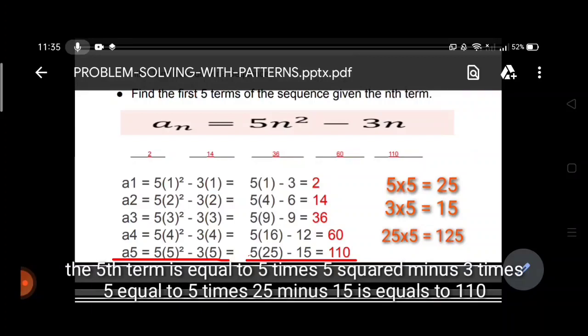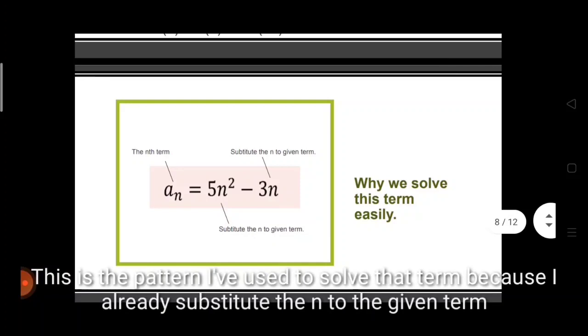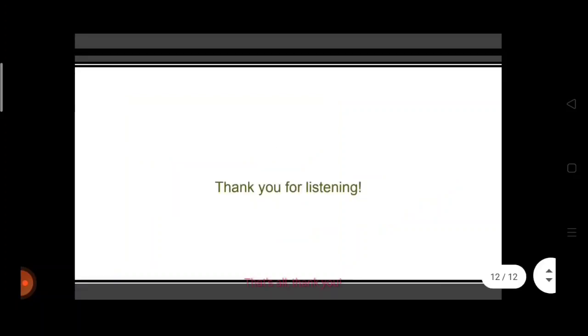To determine the answer, 25 times 5 is equal to 125, minus 15 is equal to 110. And this is the pattern that I used to solve each term, because I substituted n into the given formula, a_n equals 5n squared minus 3n. That's all. Thank you.